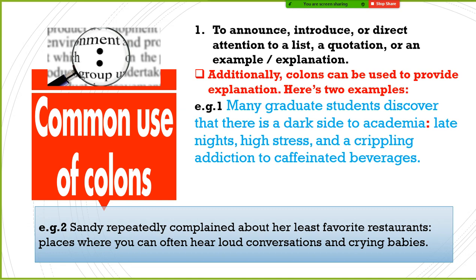Can you explain what comes after the colon? What Sandy repeatedly complained about, the restaurants, her least favorite restaurants. What is the explanation after the colon? Loud conversations and crying babies.